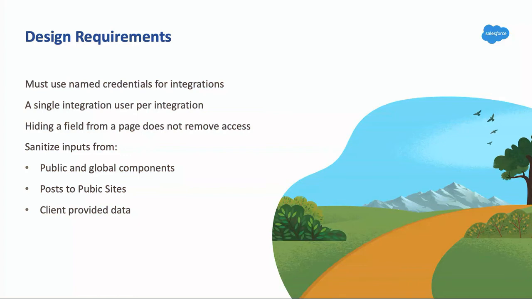This is around what should be expected when designing a solution, making sure that if there is an integration, we know what it has access to. Hopefully it's not just an admin that has access to everything. Also making sure that if we need an integration, it is a single user per integration.